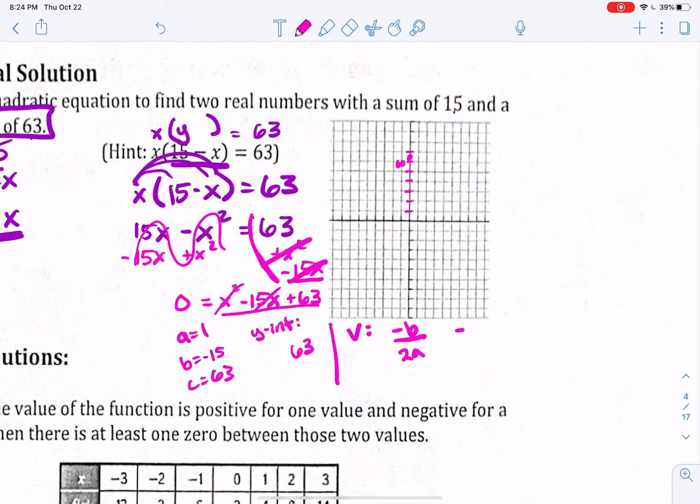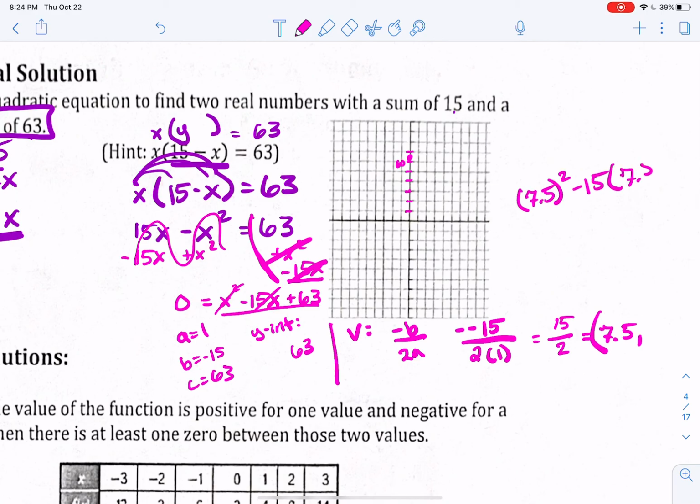Negative b would be a positive 15 over 2 times a, which is 1, and that is 7.5. Now that only gives me the x coordinate of my vertex, so I have to plug it back in. The last thing we have to do: 7.5 squared minus 15 times 7.5 plus 63.